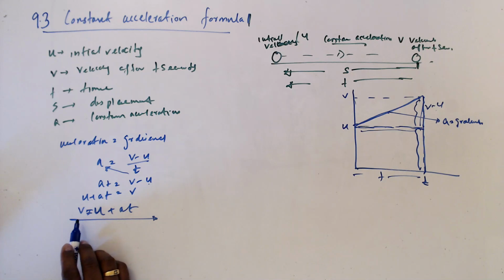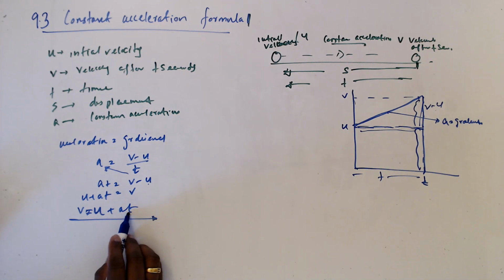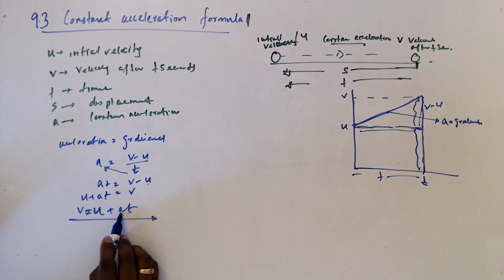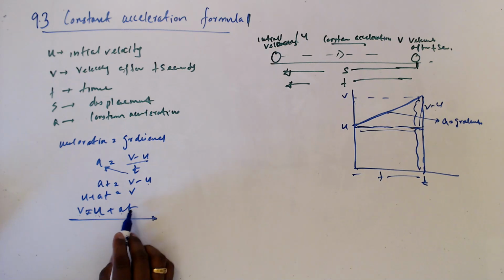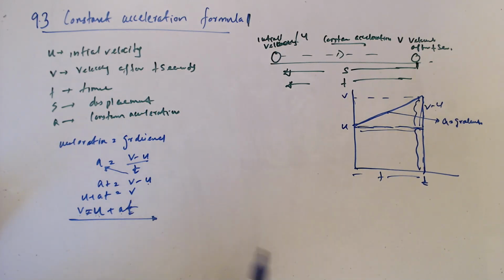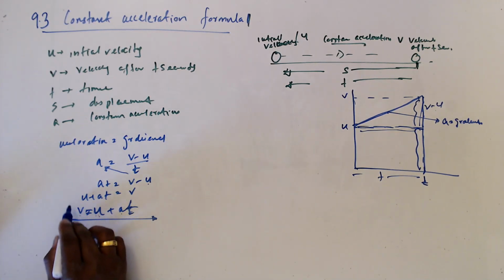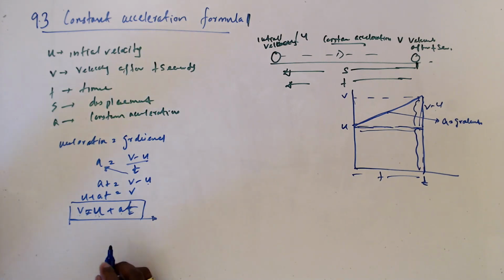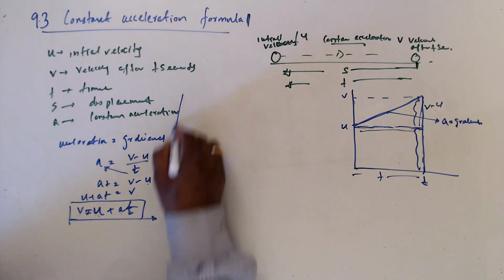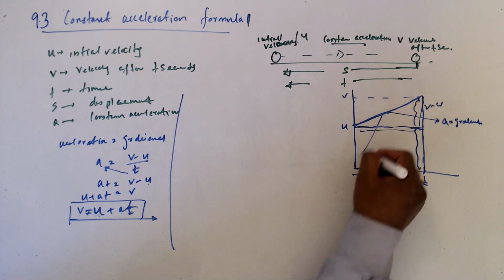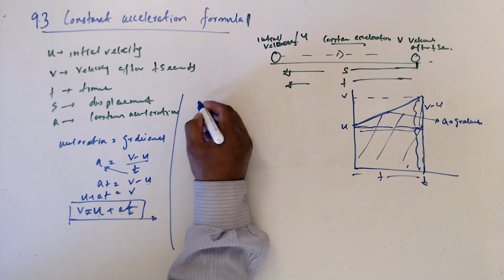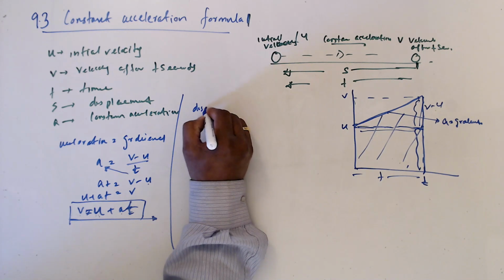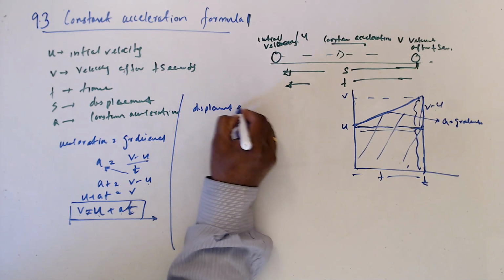So the time, acceleration, and two velocities, initial velocity and the velocity after t seconds, if you know these, we can use this as a formula. The other one: S is the displacement, and displacement is area.